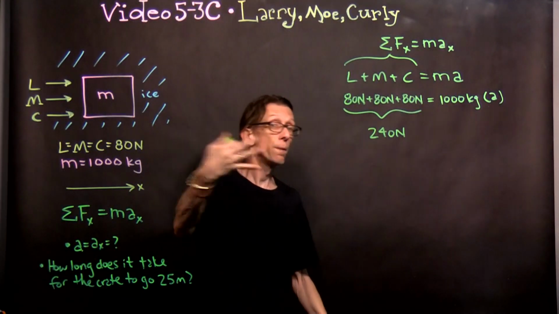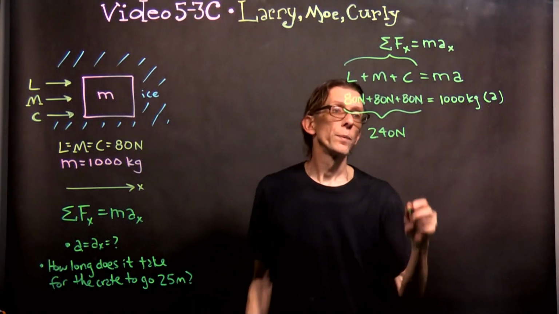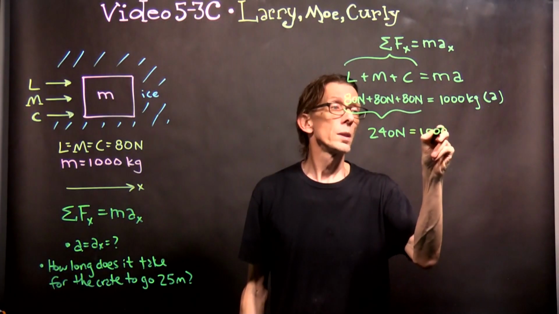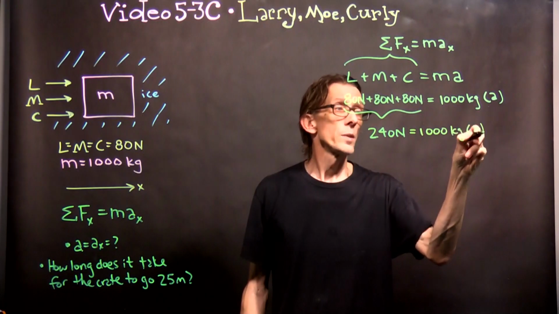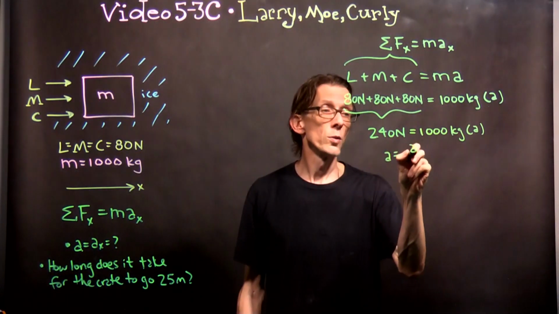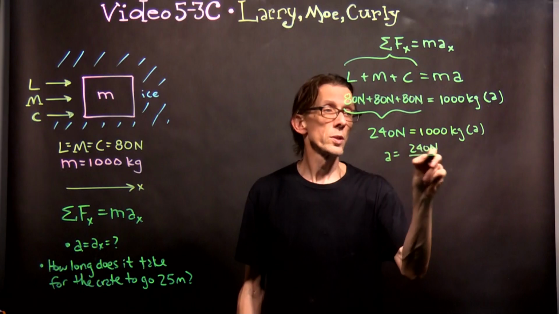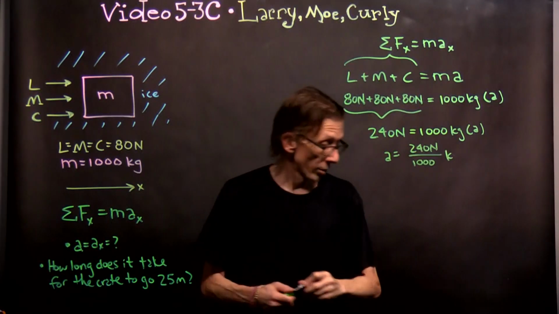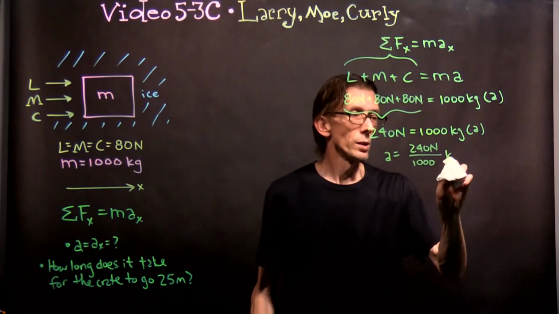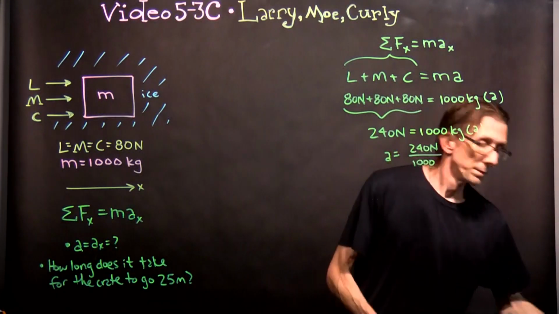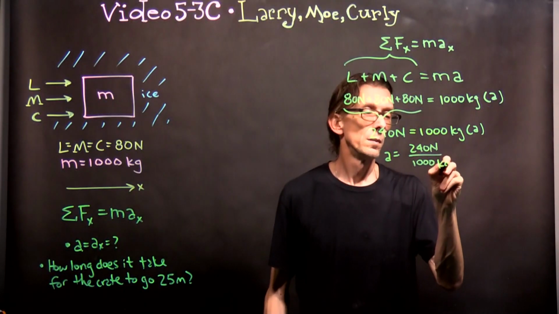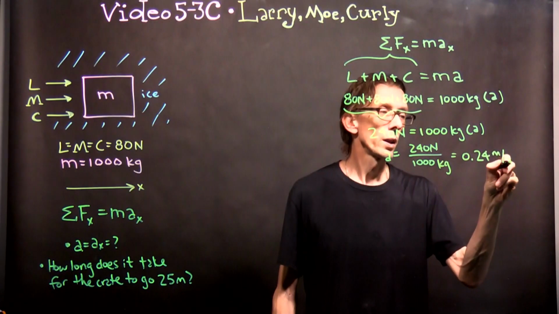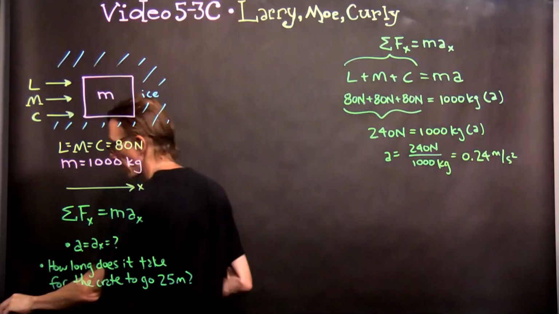And there are 3 80 newton forces all to the right. And so that is going to equal 1,000 kilograms times A. And you can solve this for A. A is 240 newtons over 1,000 kilograms, belongs in the denominator. Equals 0.24 meters per second squared. That is the acceleration.